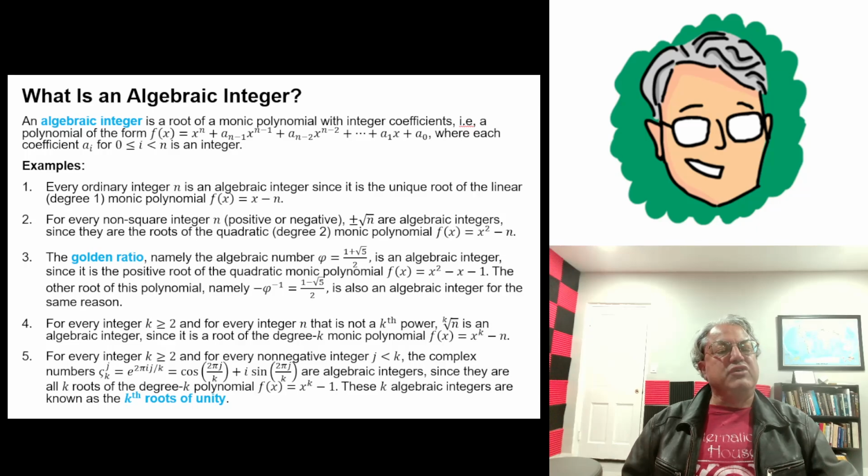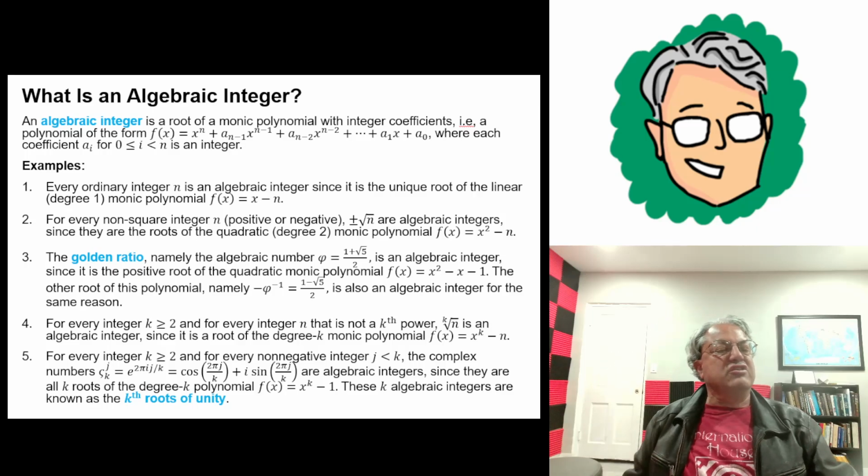And then the final example I give here, I think this is kind of an interesting one. These are what are called roots of unity. So imagine k is some arbitrary integer greater than or equal to 2. And now we have another integer called j, a non-negative integer. It can go from 0 to k minus 1. And then we have this thing called zeta sub k. This is just a primitive kth root of unity. I'm going to get into what that is. Zeta k is equal to e to the 2 pi i over k.